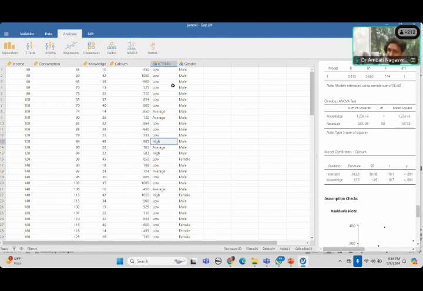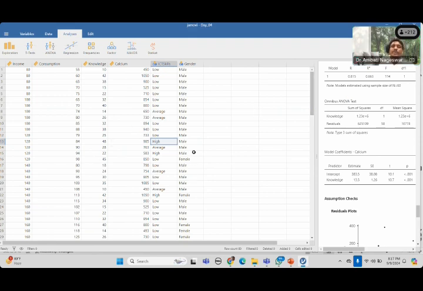The second variable is nominal data, that is gender. We have two categories, male and female. So in order to conduct the chi-square test of independence, we need two categorical variables. In this case, ICT skills is one variable and gender is another. There is a possibility of a 2 by 2 table or a 2 by 3 table. For gender we have two categories, and I can also take low and high, which is called a 2 by 2 table. We'll talk about it at the time of results.